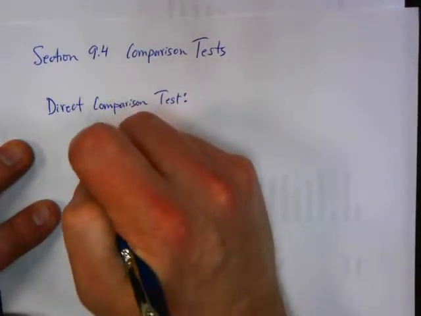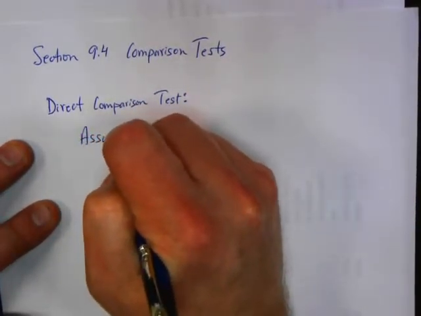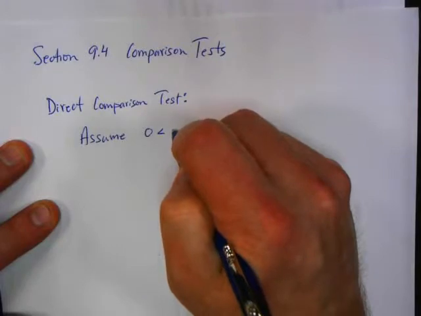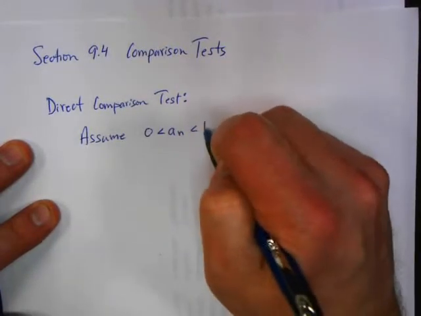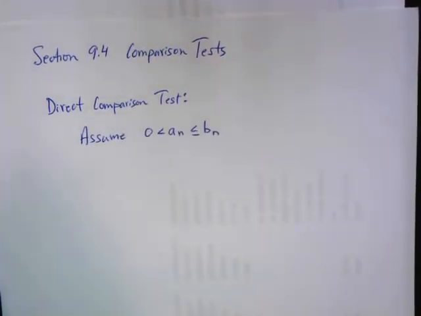It says, assume that a sub n is positive and a sub n is always less than or equal to b sub n, which of course forces b sub n to be positive also.